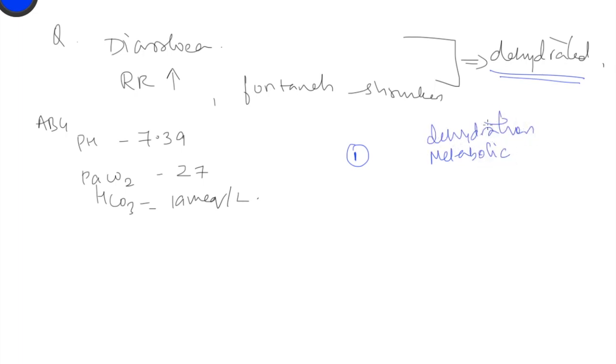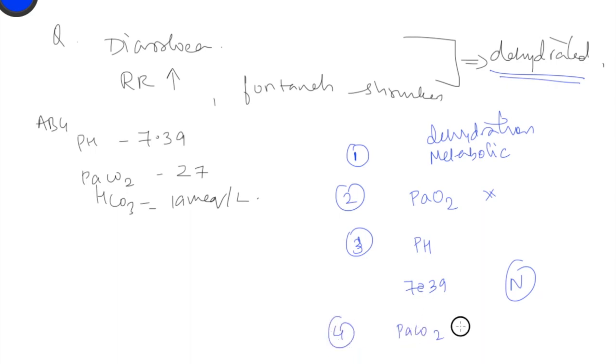Second is to look at the PaO2. Have they given the PaO2? No. It's okay. Next is to look at the pH. What is the pH? 7.39. It is between 7.35 to 7.45, so that means pH is within normal range. Next, look at the PaCO2.